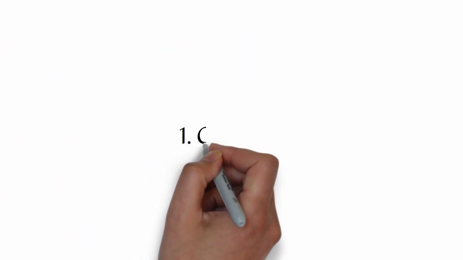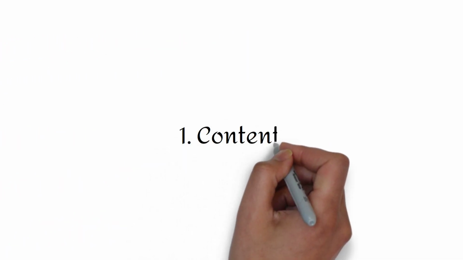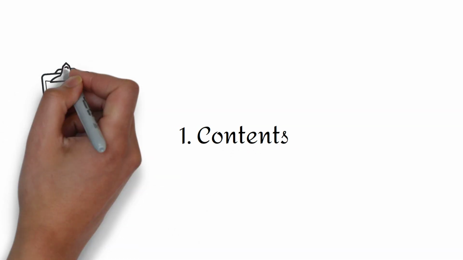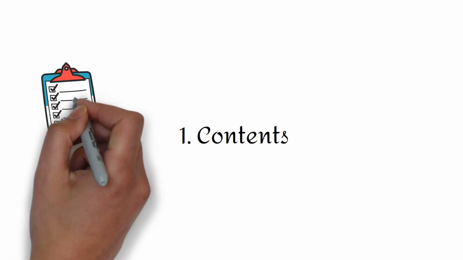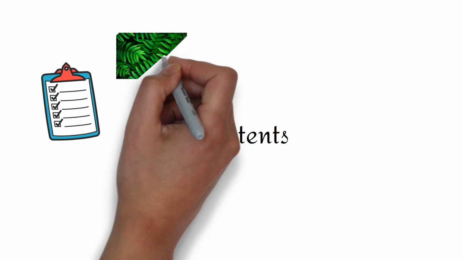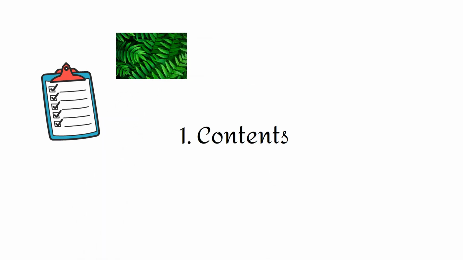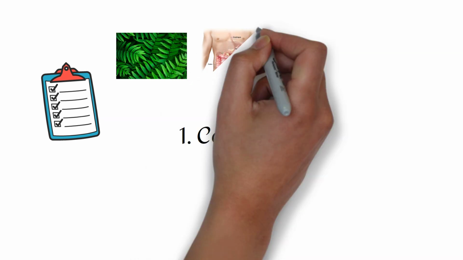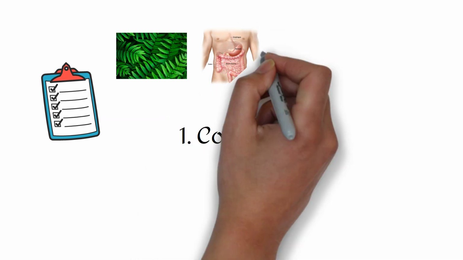First is contents. It is always good to start your presentation with a list of contents which can give an overview to your audience. As we have seen, pictures have more impact. Try to use maximum pictures which are relevant and appropriate to your talk.